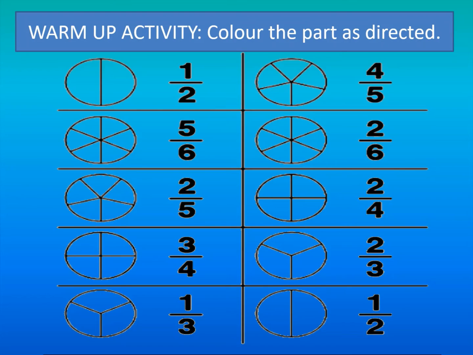There are 5 parts given. From 5 upon 6, there are 6 parts and you have to color 5 parts. From 2 upon 6, there are 6 parts and you need to color 2 parts. In this way, you can draw in your notebook and color it.